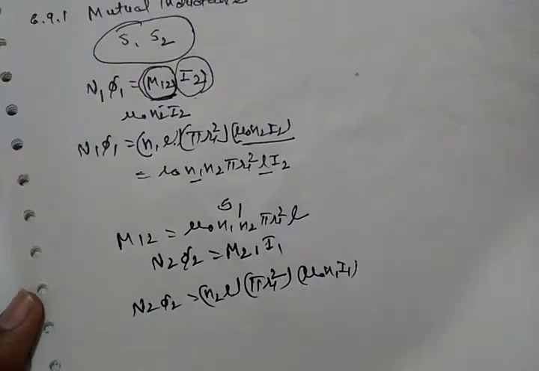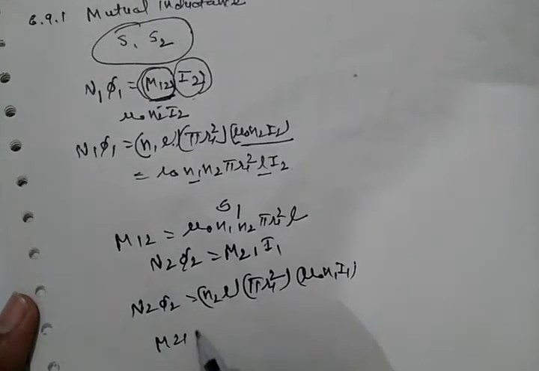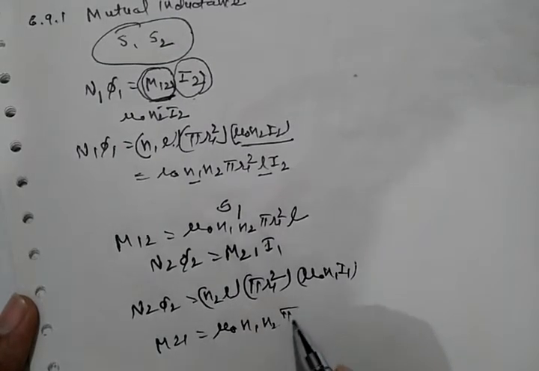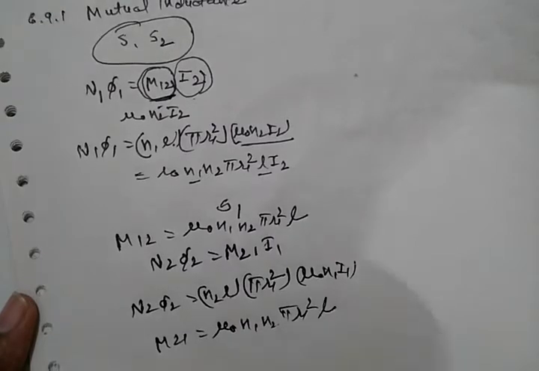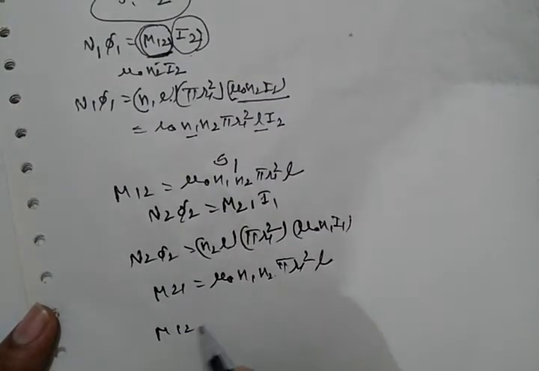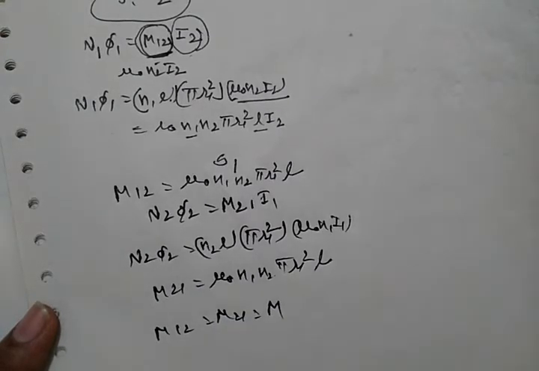Where N2 L is the total number of turns of S2. So here M21 is equal to mu 0 N1 N2 pi R1 square L. So M12 is equal to M21 is equal to M.